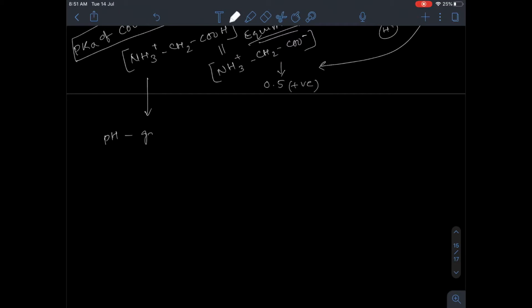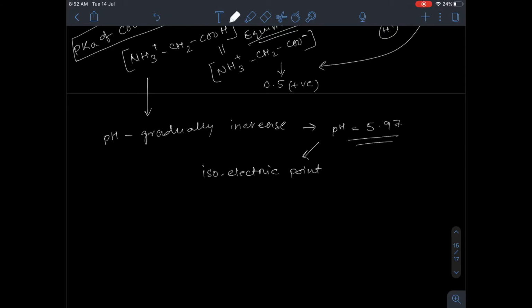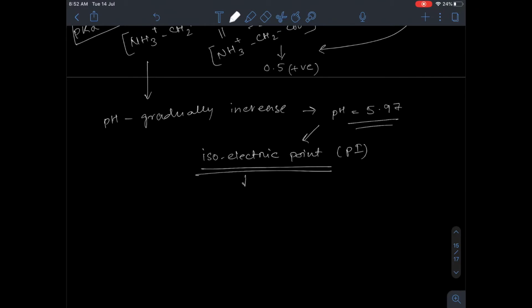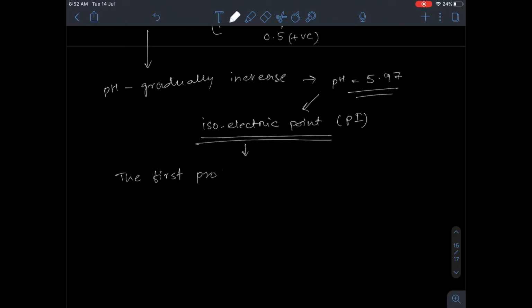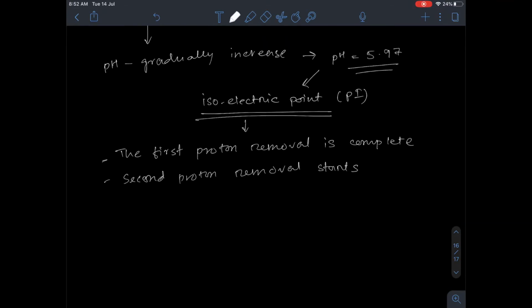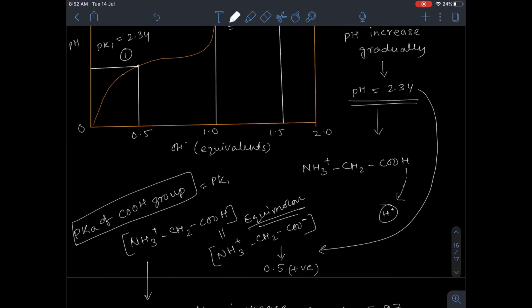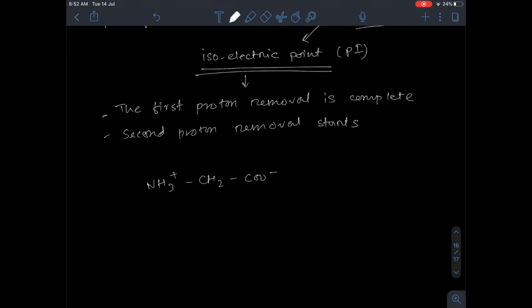Now we'll discuss point 2. pH is again increasing gradually and it reaches 5.97. In this state, this is called the isoelectric point, or pI, for glycine. In this state the first proton removal is complete and the second proton removal has just begun. Most of the glycine will remain in the form NH3+, CH2 and COO negative.